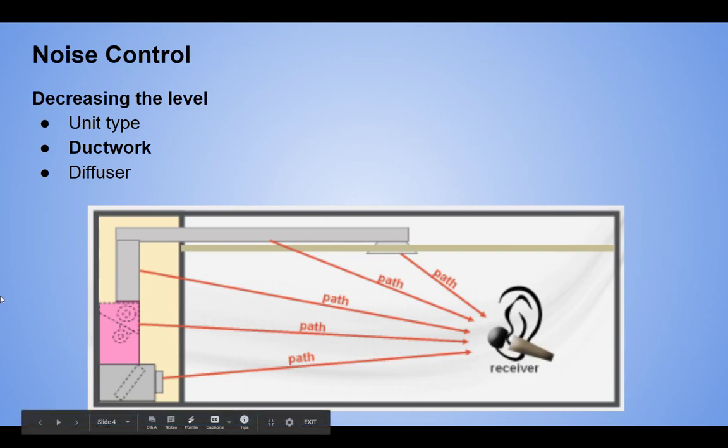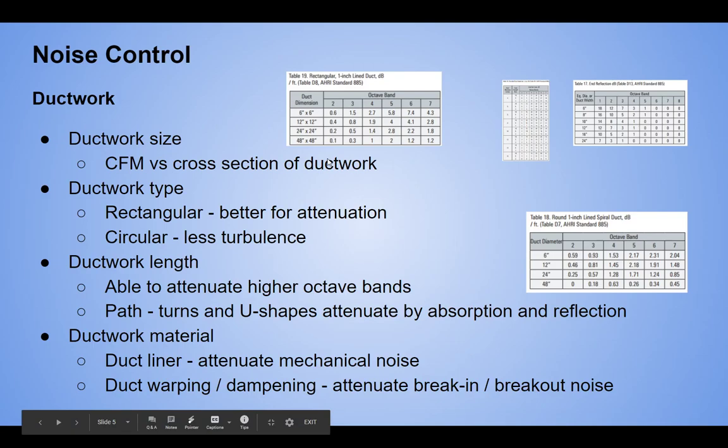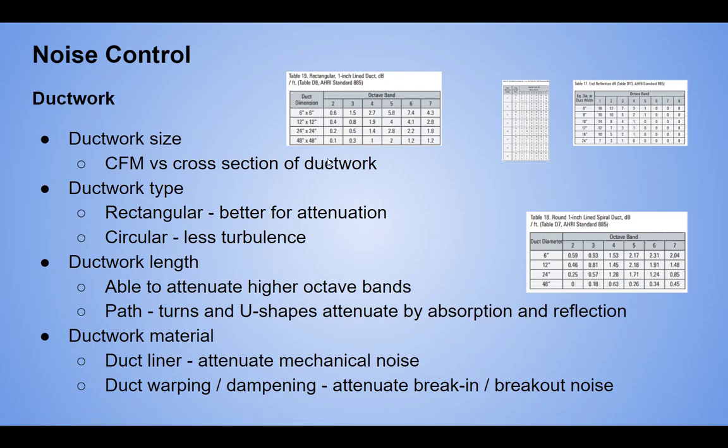So what do we consider with ductwork? Four attributes: size, type, length, material. So the CFM across the section of the ductwork, that determines the flow, the feet per minute of that air. Rule of thumb, you want to be at 350 feet per minute.